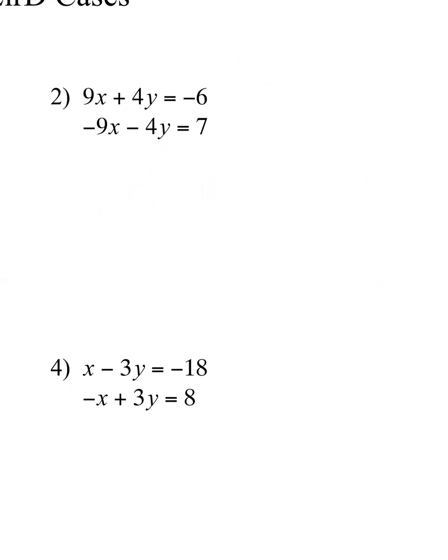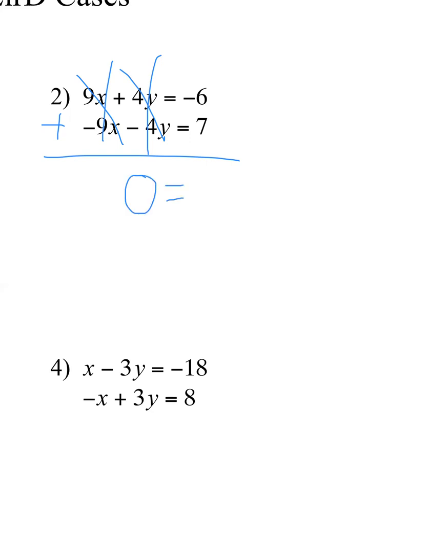Okay, second one. Hey, lucky us. Again, I already have a pair of opposites. 9x and a negative 9x already cancel out, so I don't even have to do anything besides add these two together. So the x's cancel. Okay, weird, the y's cancel again, so what's left on my left-hand side is 0.